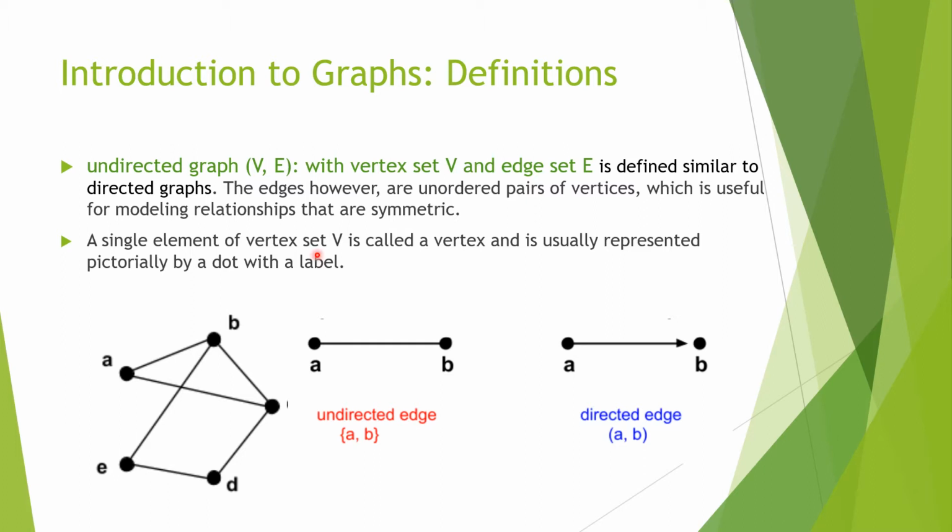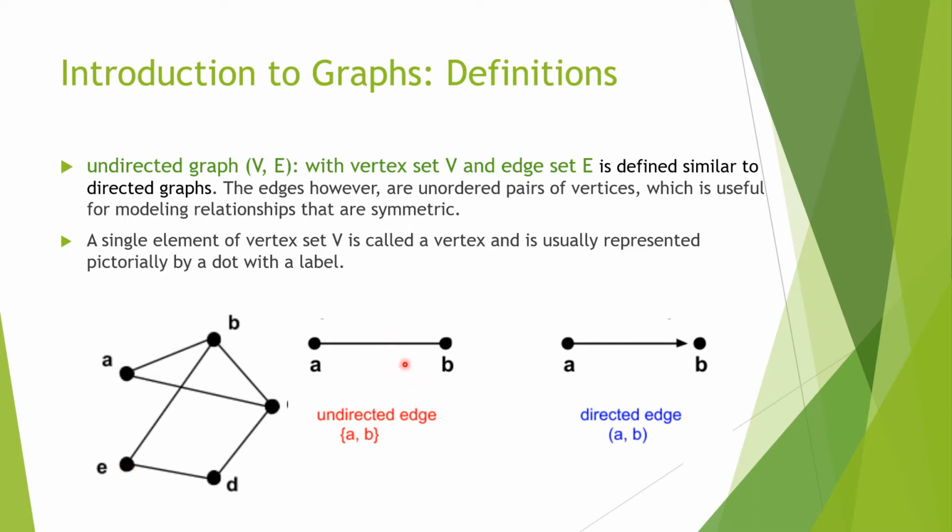Every element of vertex set V is called a vertex, and it is usually represented by a dot with a label. For example, in this graph, we have 5 vertices, A, B, C, D, and E. As you see, every vertex is represented by a dot with a label.